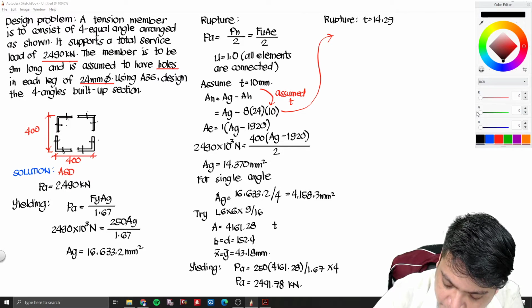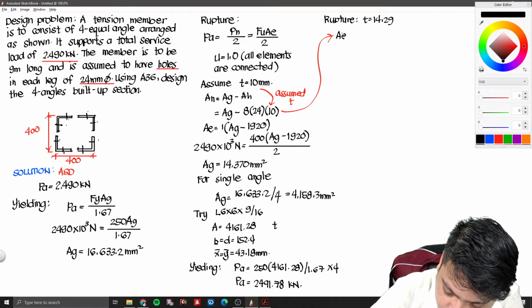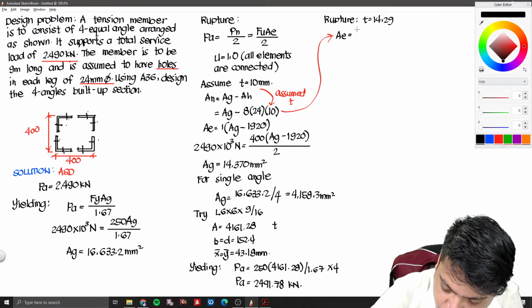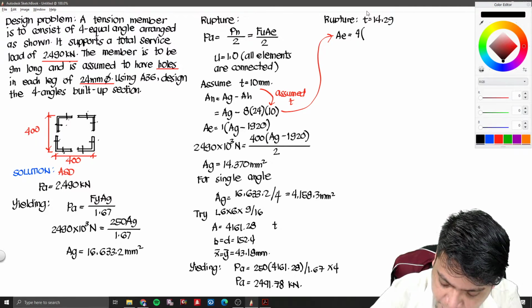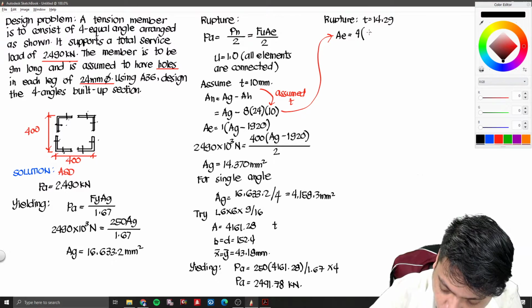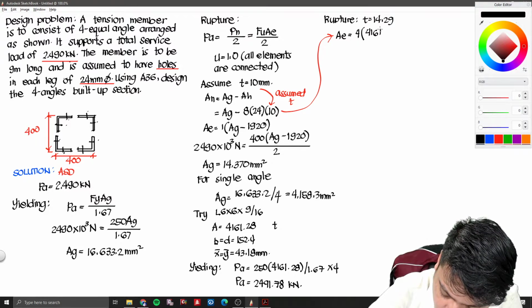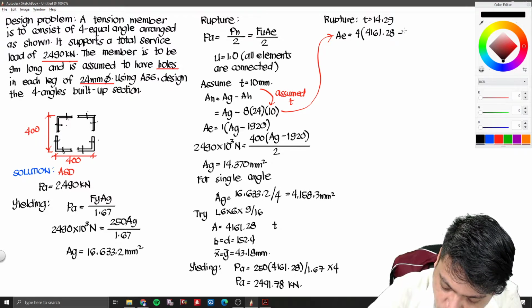I will now have here AE equals 1.0 times the gross area of four angles, so 4161.28, minus the holes.